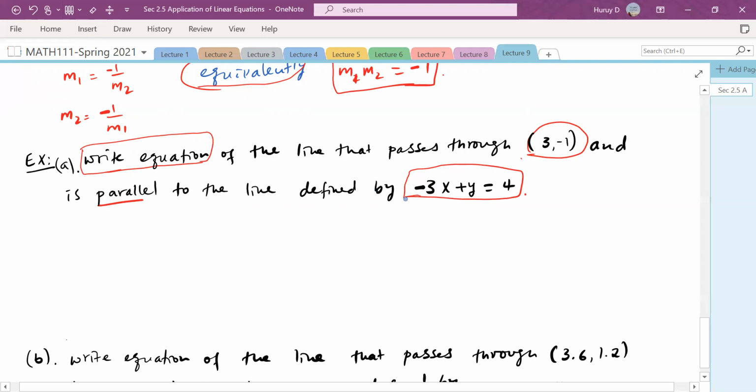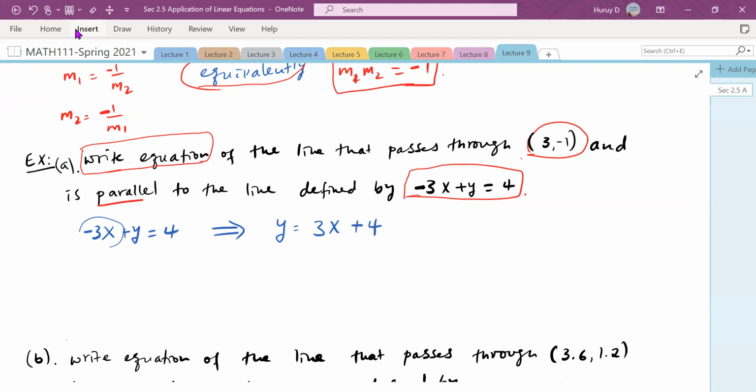First, let's write this one in slope-intercept form. We have 3x plus y equals 4. Then I can write this: if you move this one to the right side, we get y equals positive 3x plus 4. Now, what is the slope of this line?